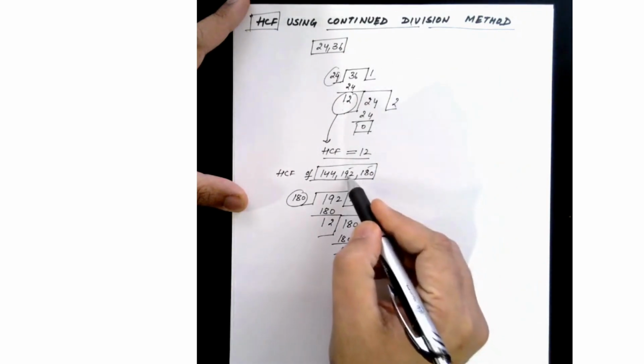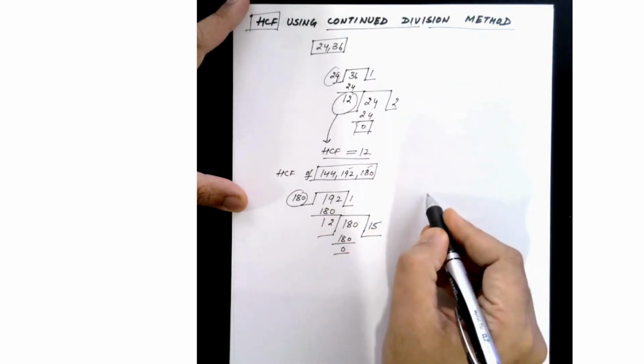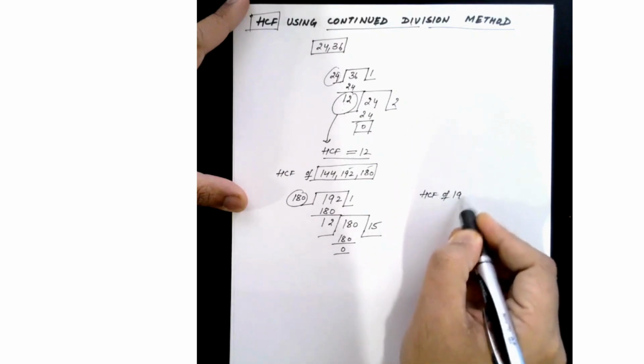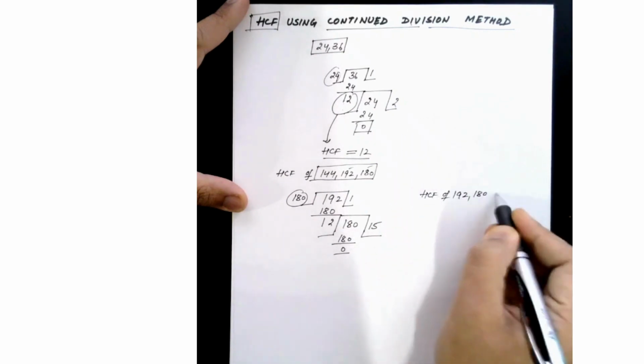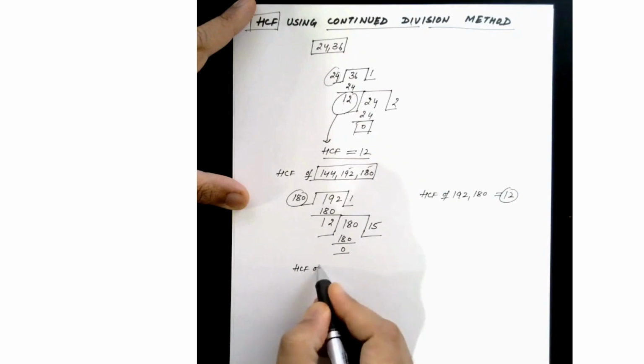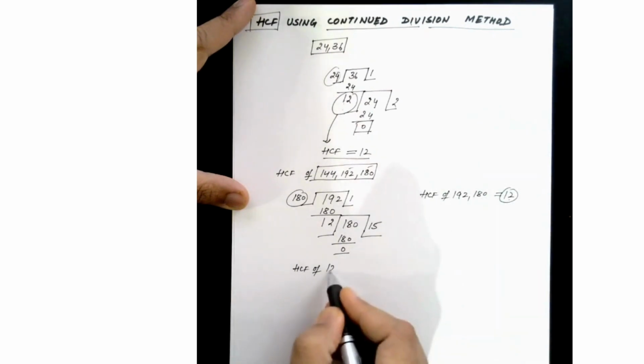So in this case, for 192 and 180, the HCF is 12. Now the next step will be to find the HCF of this HCF and the third number, which was 144.